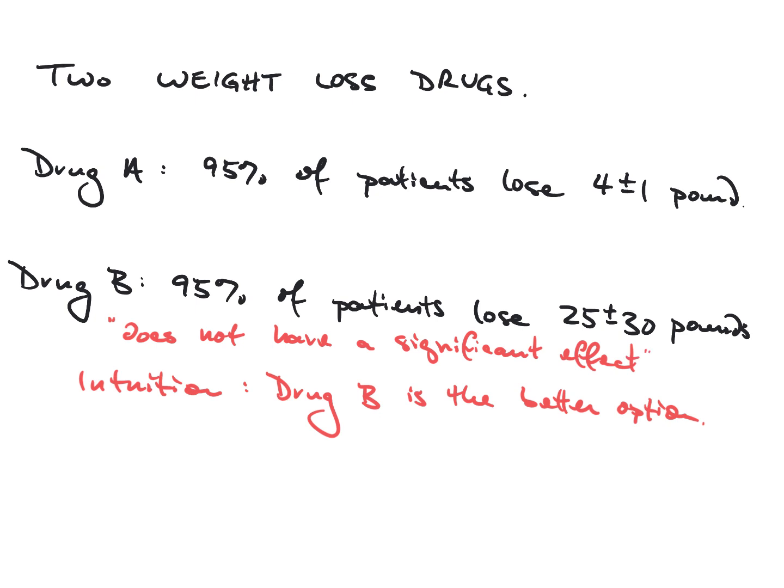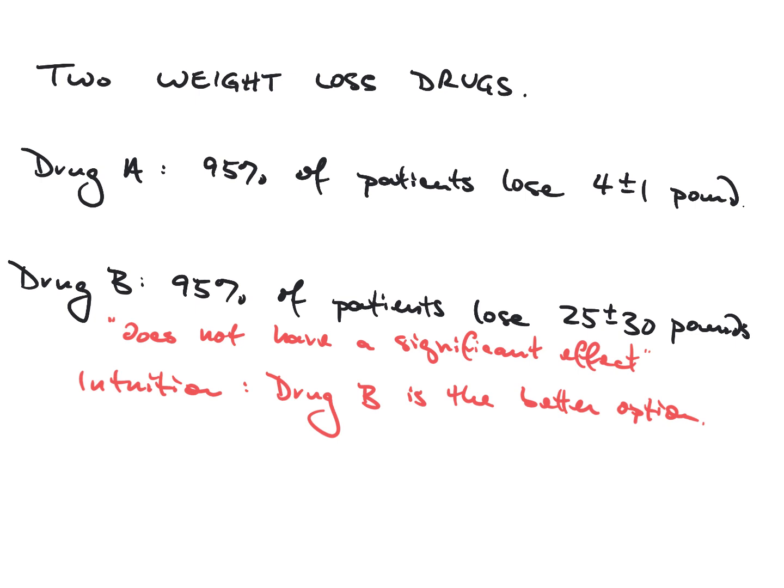Like the 95% confidence interval for what people lose contains 0, right? And it even goes into negative weight loss. Some people gain weight on drug B. But some people lose a lot of weight, right? As many people gain 5 pounds as lose 55. So yes, you're absolutely correct. Some people lose nothing. Some people even gain a little weight with drug B.